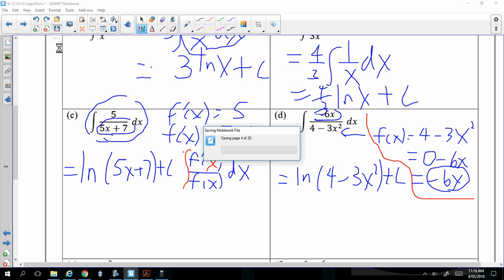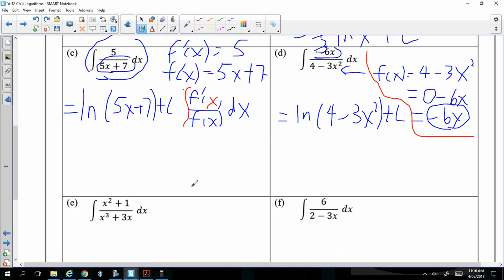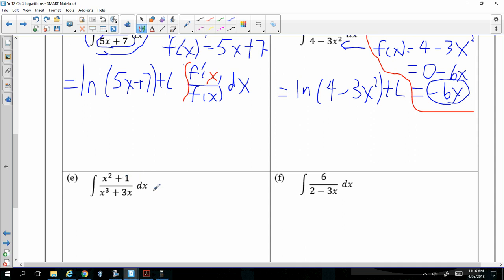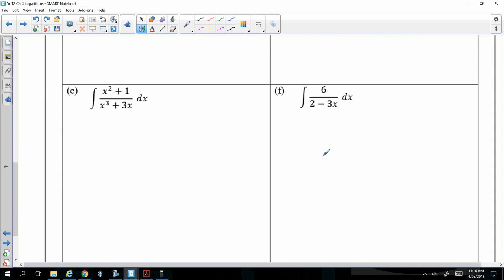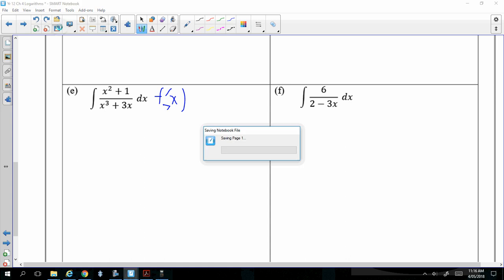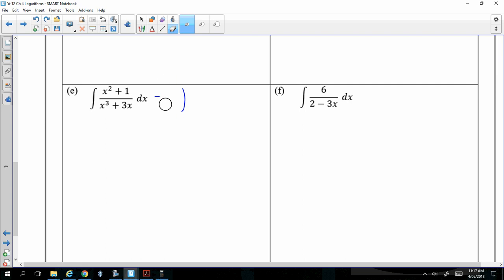All right, good. Let's move on to the next question where the numerator doesn't work. We're going to write f of x, which is the denominator. Let me try that again. f of x equals x cubed plus 3x.